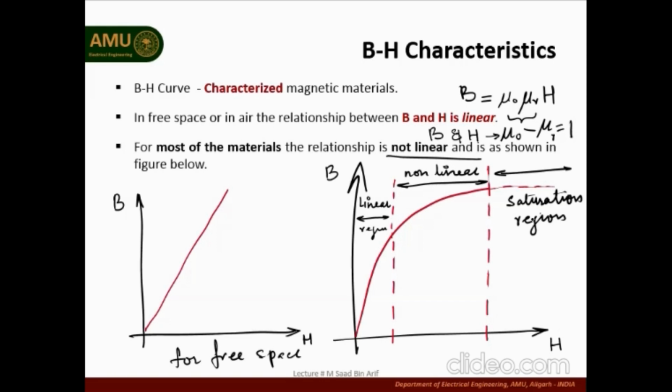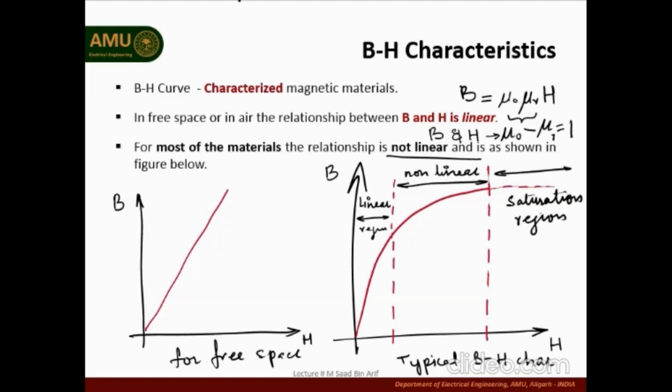Now this is a typical BH curve of a magnetic material, the characteristic of the magnetic material.